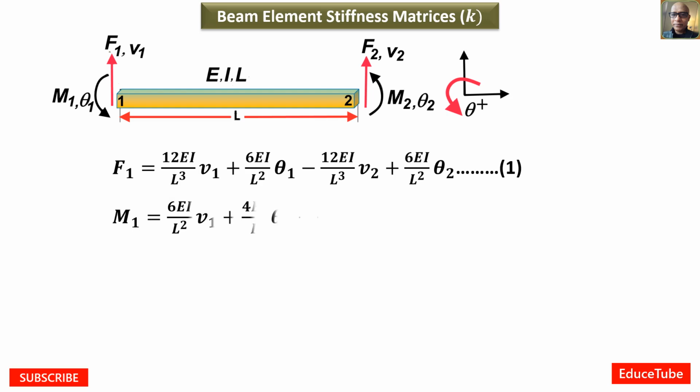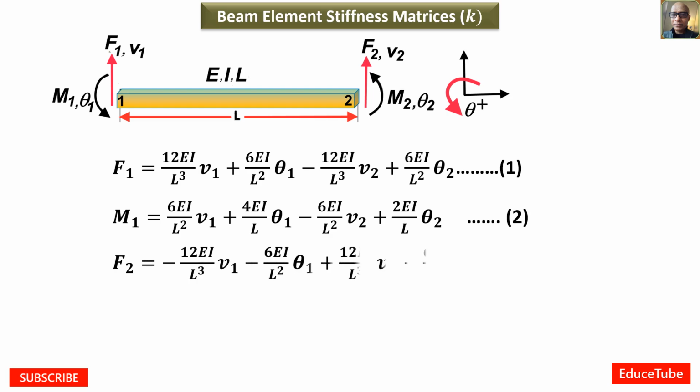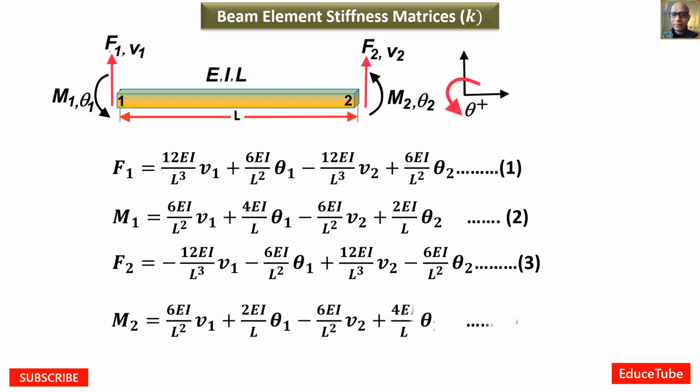Then we can write the equation as M1, then again F2, again M2. So it gives us 16 terms of the beam element stiffness matrix, 16 terms, because here 4, here 4, here 4, and here 4.